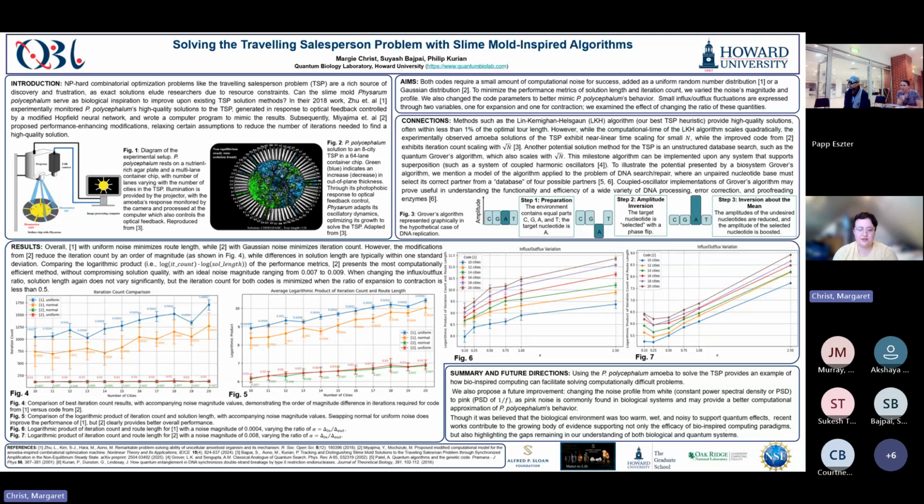There's also a future improvement that we're hoping to make by changing the noise profile from white noise, which has a constant power spectral density, to pink noise, which has a PSD of 1 over the frequency, as pink noise is commonly found in biological systems, and we're hopeful that will provide a better computational approximation of the slime mold's behavior. So I hope this small snapshot of some different topics in quantum biology was interesting.